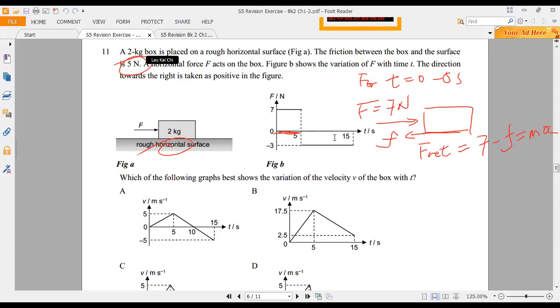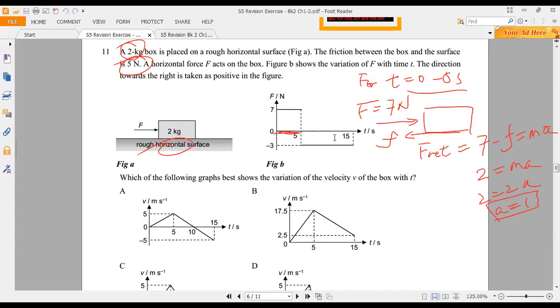So that means 2 equal to ma, and m is equal to 2 also, right? So 2 equals 2 times a, so a equals 1. So it will be accelerating. We keep this information first, for the first 5 seconds it is accelerating forward.